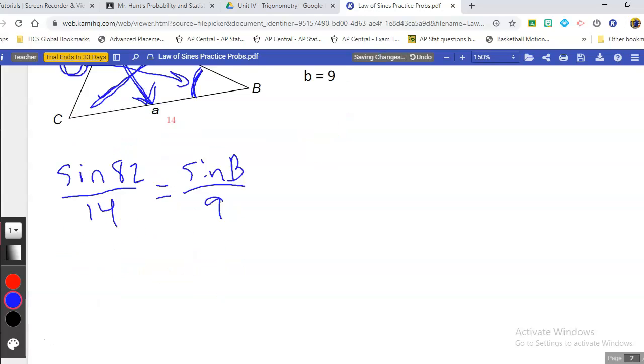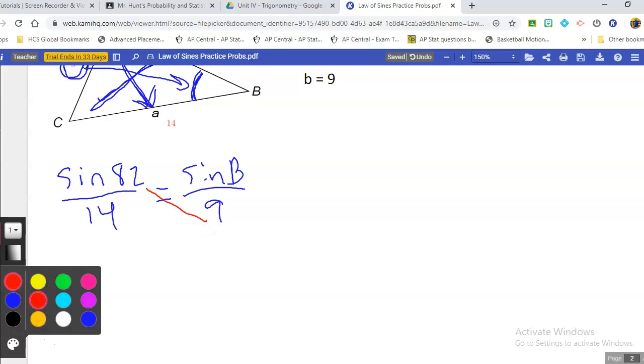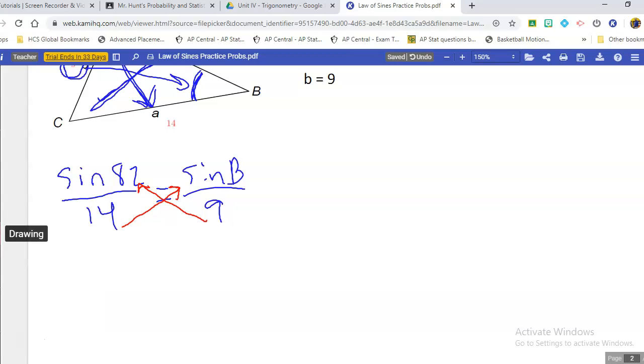Now, this is again another situation where we're finding an angle, and you should already be thinking of some things that we've talked about. When you're finding an angle, you're going to have to end up doing an arc sine in your last step. So we first start off and we cross multiply, so we'll have 9 times the sine of 82.